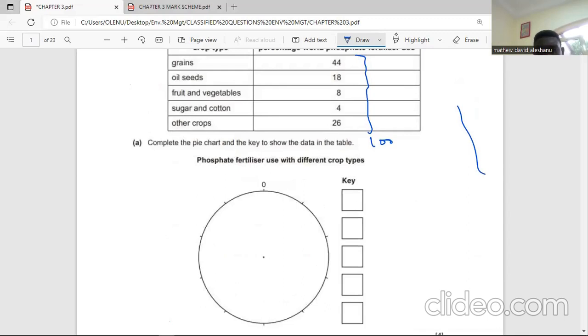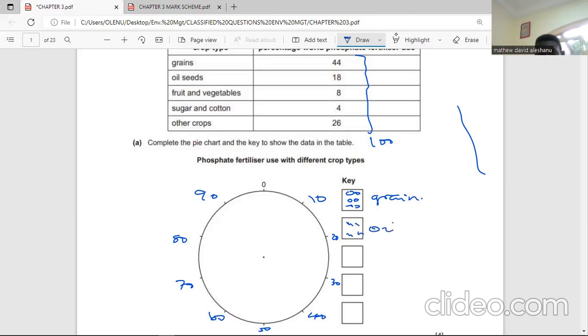So we need to represent this data. All you need to do is first label the scale, like it's 100. So this will be 10, then 20, 30, 40, 50, 60, 70, 80, 90, then coming back, 100. The first thing here is grain. You have a key, which is used to show which pattern represents which. I can decide that 0, 0, 0 will represent my grain. Then oil seed, let me use my initial, MM.